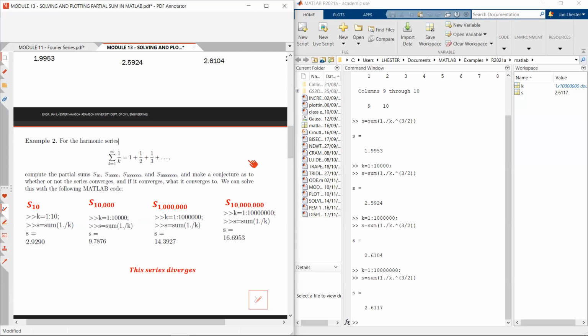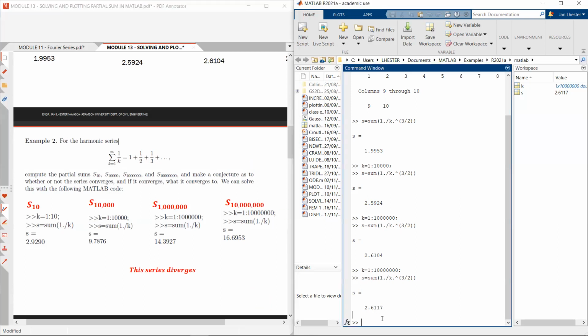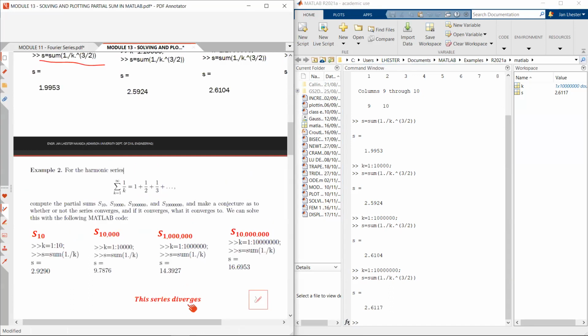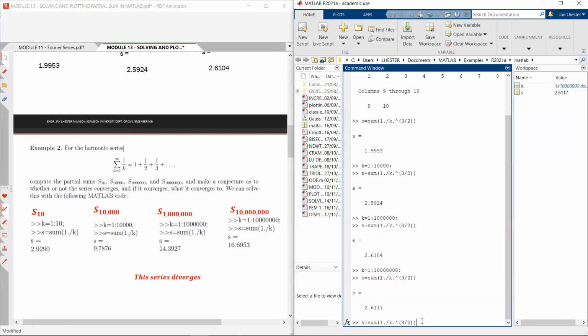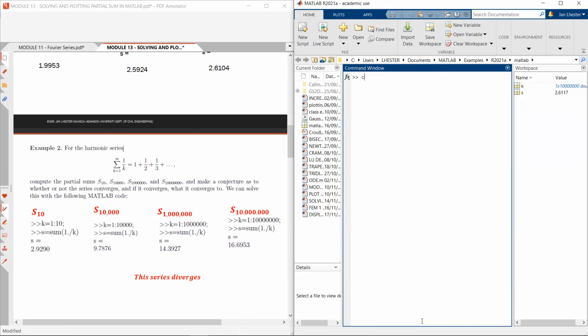We can make a conjecture from this whether it is converging or diverging, supposing you have not seen this before. So let's try. Clear. First, we create a value of k column from 1 to 10. So k equals 1 to 10.